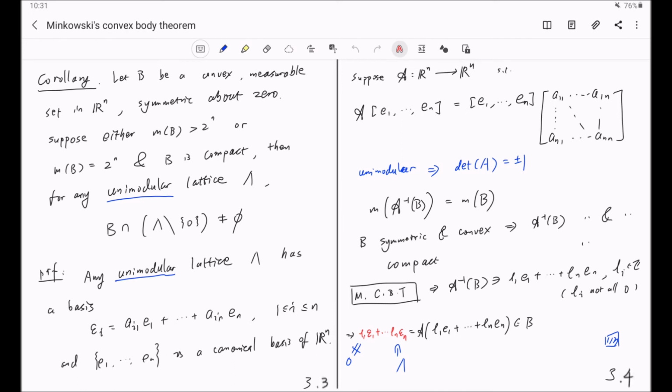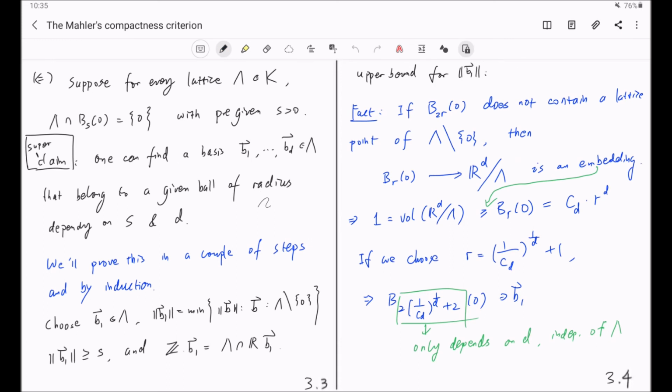In the end, I would like to make a remark. Why do we mention this corollary? Although it seems to be very trivial. Actually, this corollary of Minkowski's convex body theorem will be used in a small place of the proof of Mahler's compactness criterion.